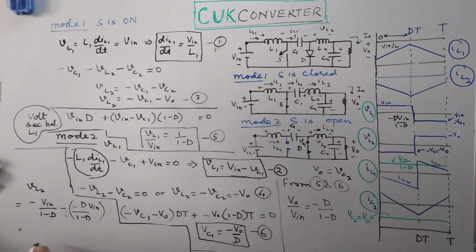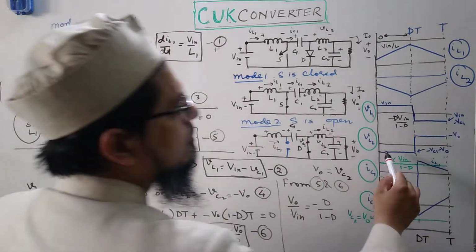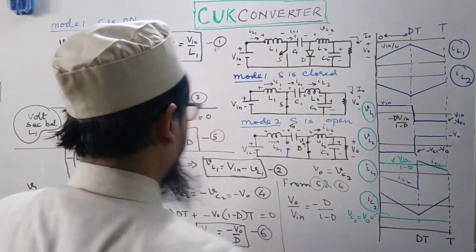So this becomes plus D, so D minus 1 by 1 minus D times Vin. You could clearly see here that D lies from 0 to 1, so D minus 1 is negative. That means VL2 has to be negative, and that is also a constant value. That's why I have shown it here as a constant value.